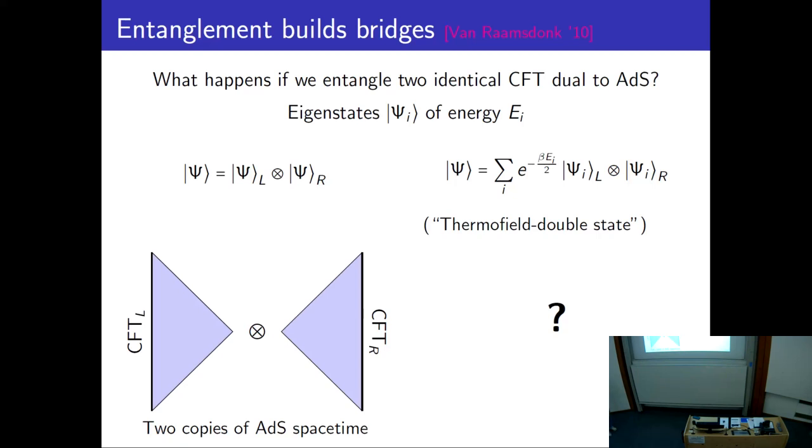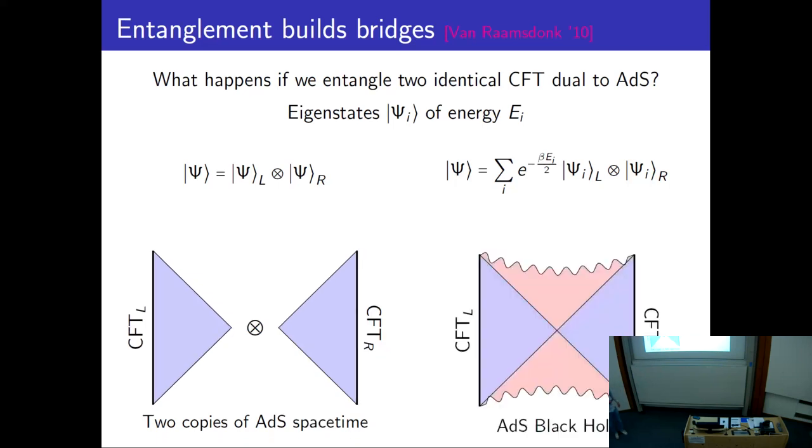Now, what happens if I try to entangle degrees of freedom on the left and right CFTs? One way to do so is to define the thermofield double state, which basically couples eigenstates on the left and right CFT with some weight factor depending on the energy level. Looking at the bulk gravity dual to this state, one ends up not with two disconnected spacetimes, but instead with one connected AdS black hole.